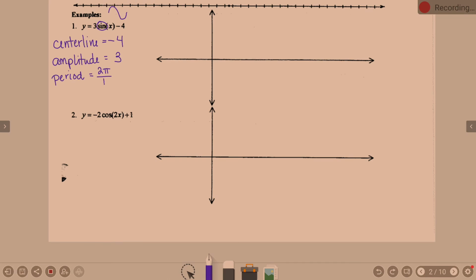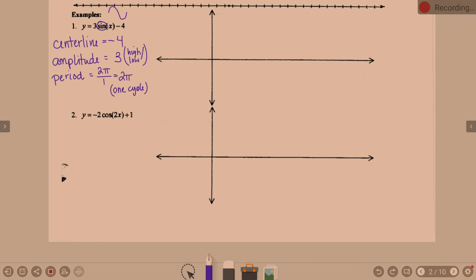So B is 1, so 2 pi divided by 1 is 2 pi. So our graph is our normal basic 2 pi, nothing fancy here. Okay, so this is going to be just one cycle. Okay, amplitude up here is how high and low the graph goes, if that helps.